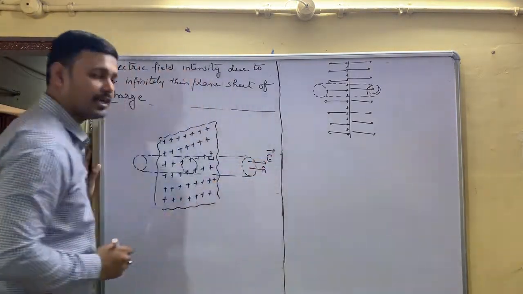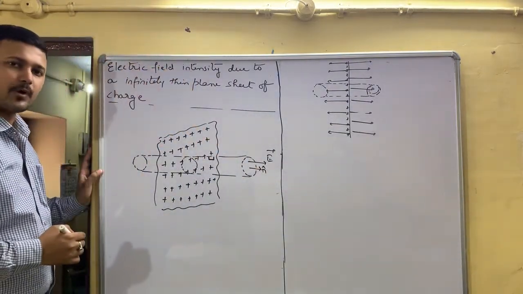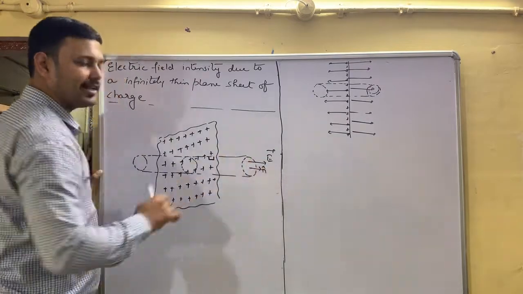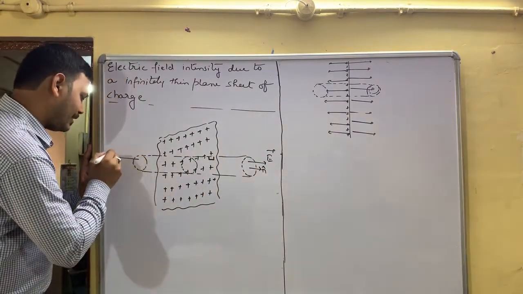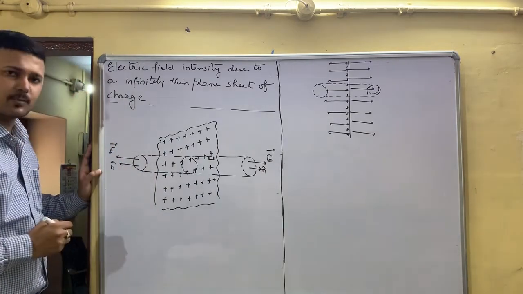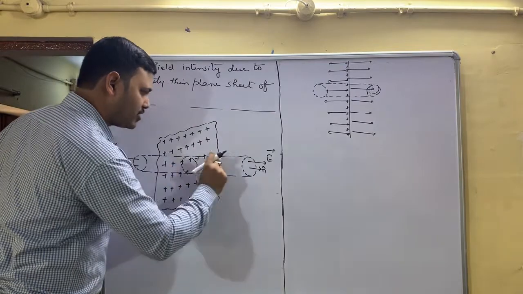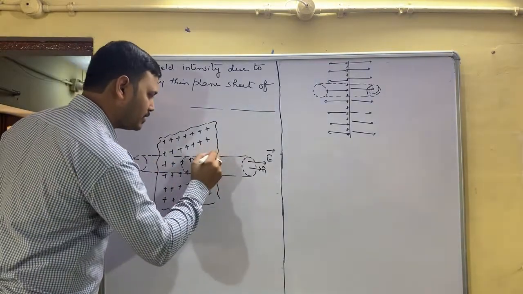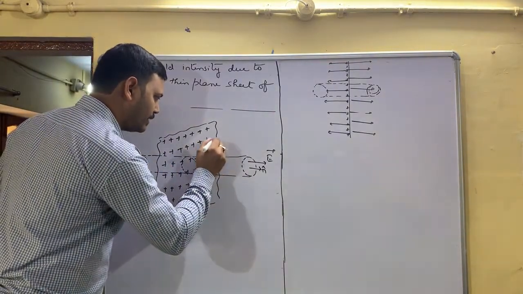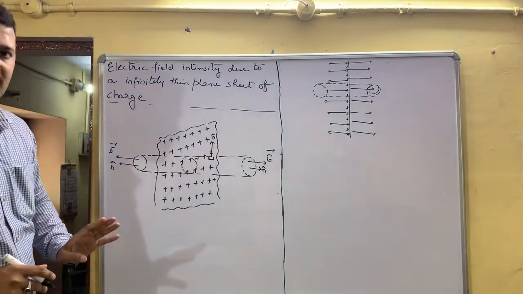The unit vector n, or you can say the area vector, is pointed in the same direction as the electric field. Electric field is pointed outward, unit vector n is always pointed outward, and in this upper curved region, the unit vector n will be in this direction.